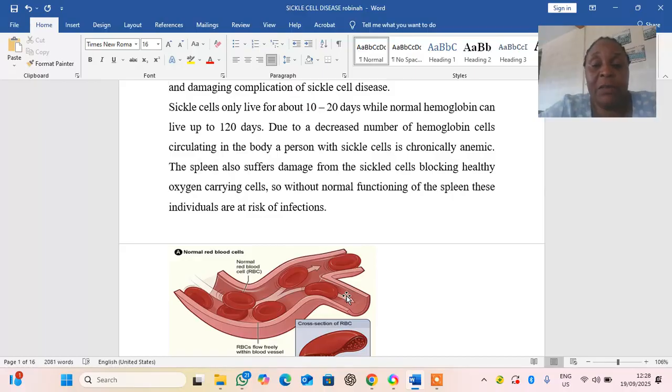The sickled cells block the healthy oxygen-carrying cells, which may travel to the spleen and also to the liver. So this person's immune system is usually low, and that is why they are very prone to infections.